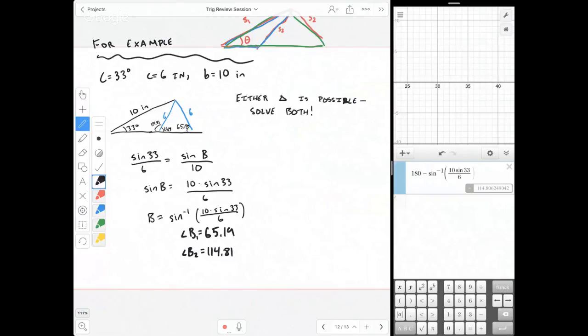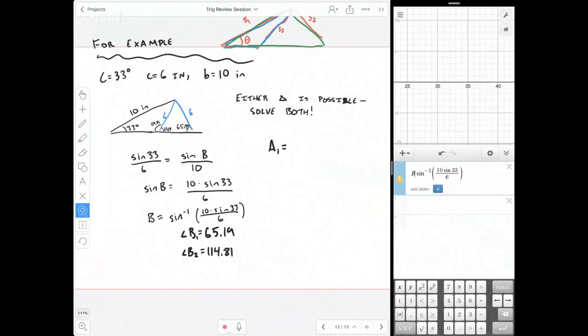Now, what else am I going to solve for? How about angle A? Angle A number 1, well, I've got 65 degrees, I've got 33 degrees. I'm going to put all this in here.